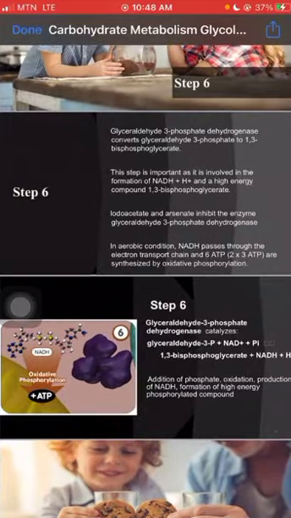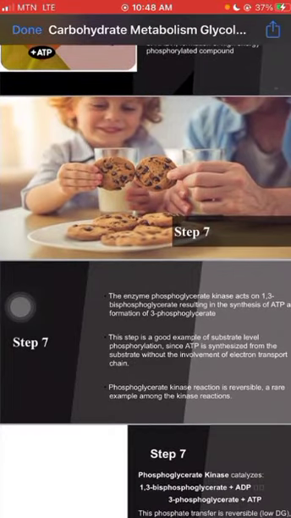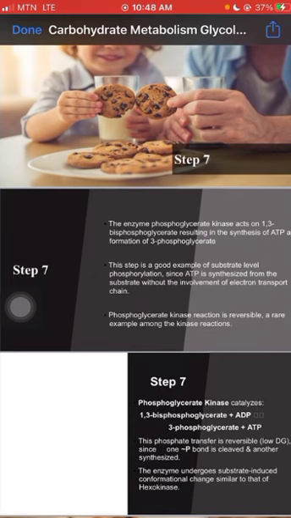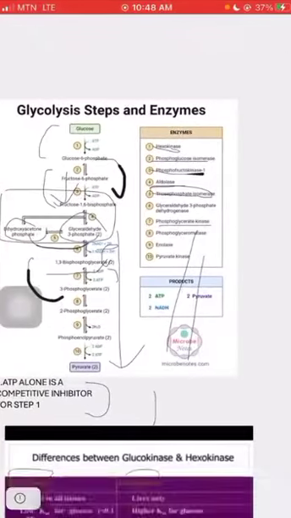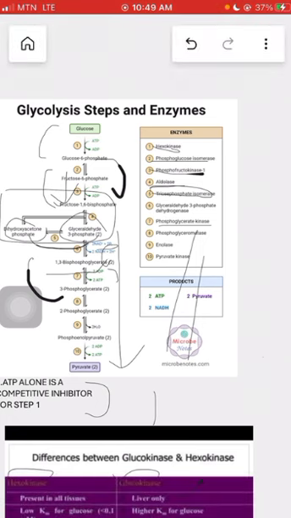And this 7th step that I'm talking about is very important. It's very important because most of the times, steps that are being catalyzed by enzymes that end with the name kinase, for example hexokinase, phosphofructokinase, like those enzymes, the steps that they catalyze are irreversible.